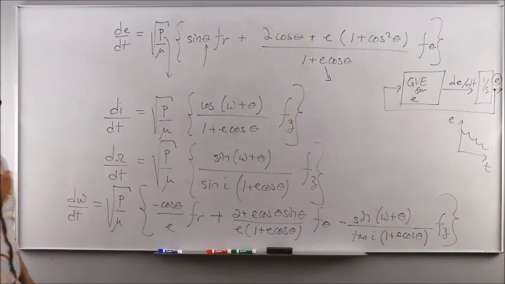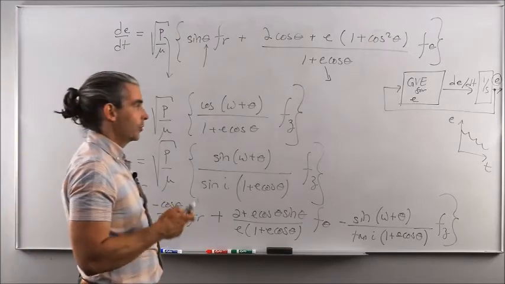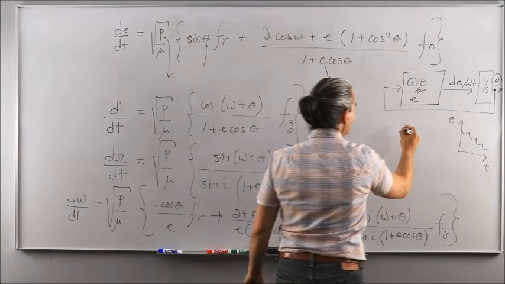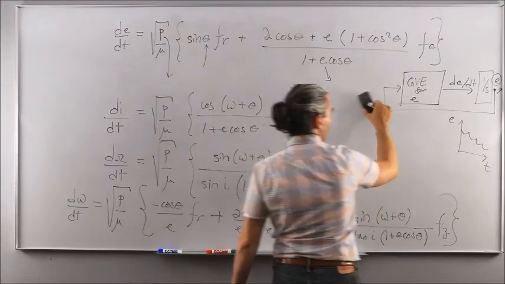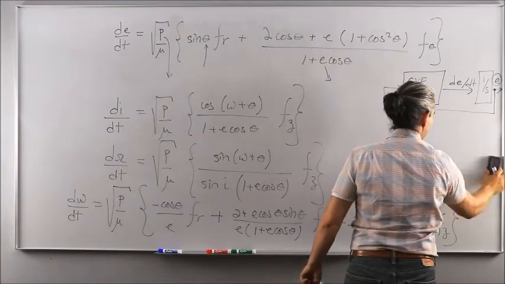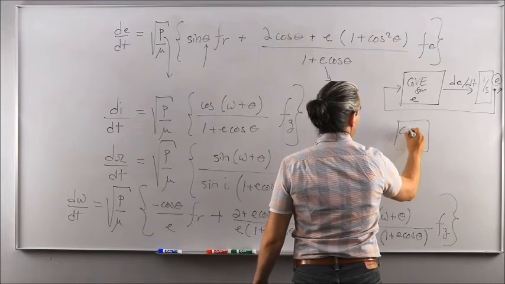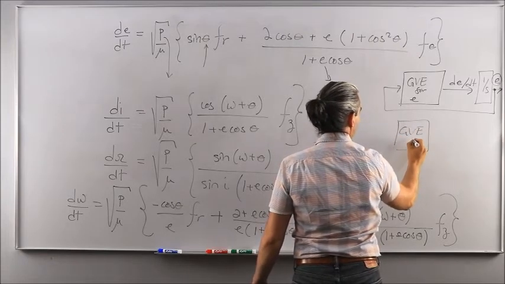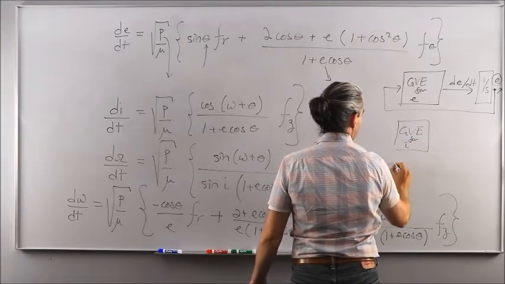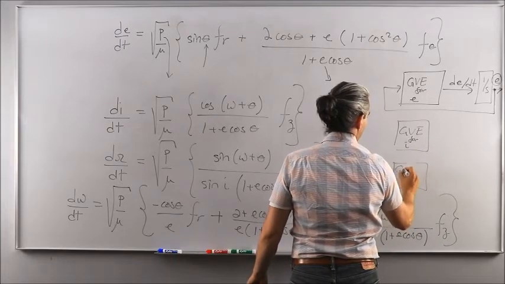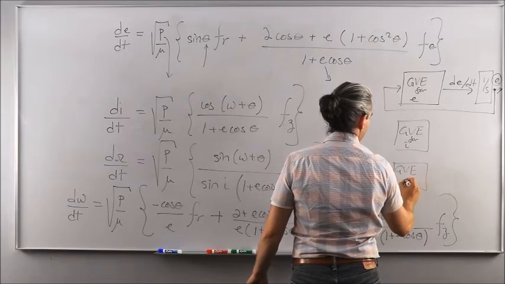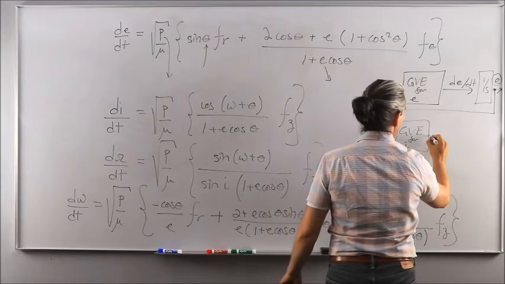So if you want to be really accurate in numerical simulations, what you would have to do is not only one channel like that, but you'd have to repeat it and simulate the variation of all orbital elements at once. So GVE for i, then another block that will calculate the GVE for a, and so on and so on.